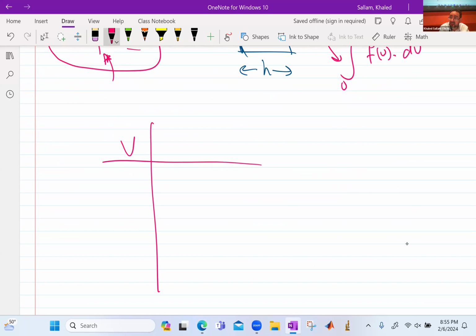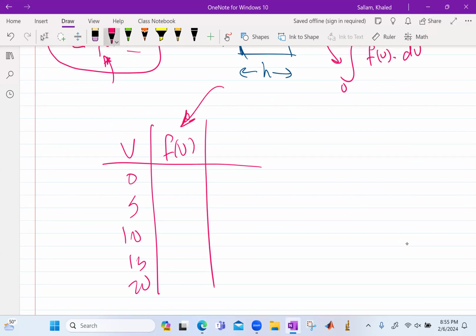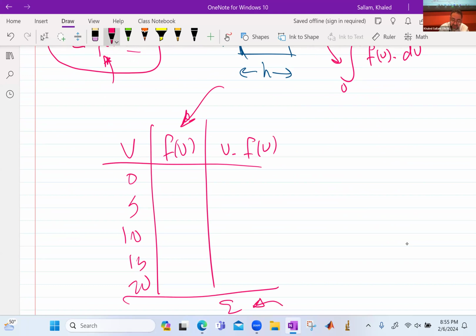You write v 0, 5, 10, 15, 20, and f of v, that's the big equation, and v times f of v. You multiply them together, and you finish and add the summation. This is the summation. This is the v average.